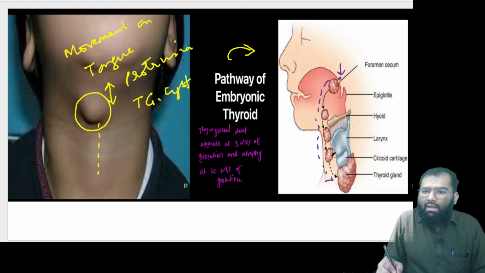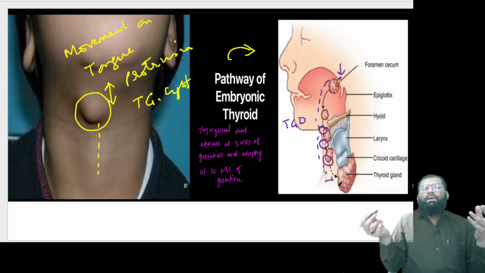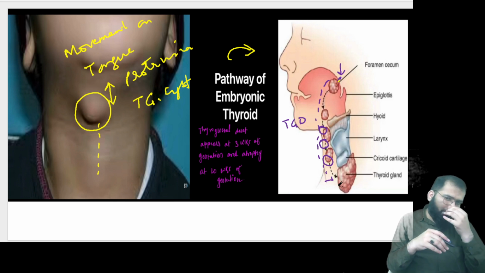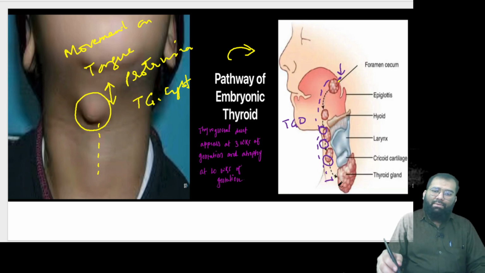Now, anywhere along this, this is called thyroglossal duct. Anywhere along this, the epithelial remnants might give rise to cysts. So anywhere that is subhyoid region or below hyoid region or pretracheal region, prelaryngeal region, you can get thyroglossal cysts. Okay.